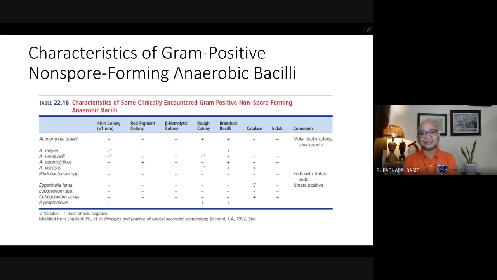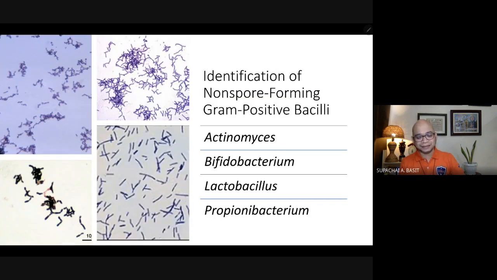Noteworthy to mention are the colonies of Actinomyces israelii because it is the only one that is a slow grower and has molar tooth colonies. Bifidobacterium has forked ends. That's why it's called bifido. And Eggerthella is nitrate positive.